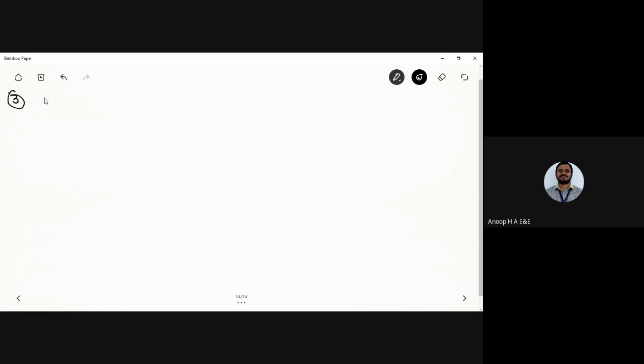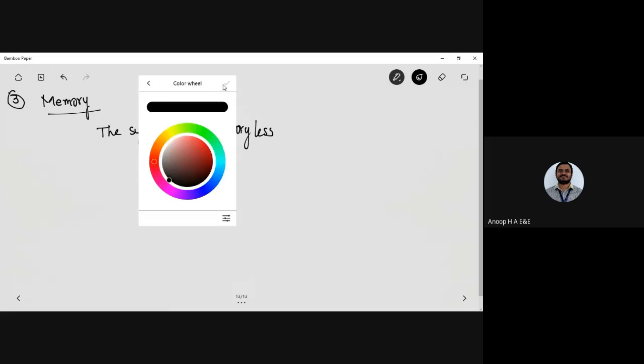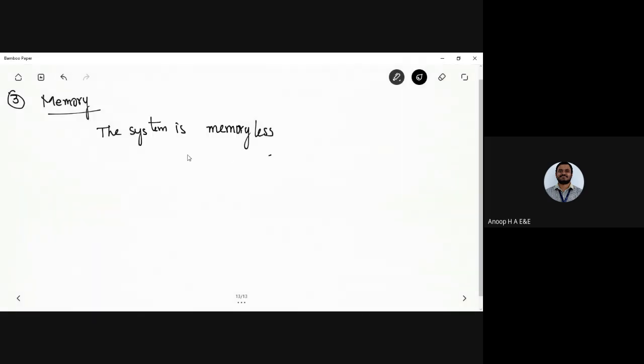What are we going to call it? We are going to check whether it has memory or is a memoryless system. Now, I can generally say that the system is memoryless once we have nd equals 0.